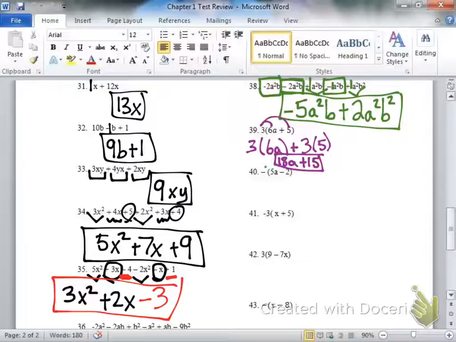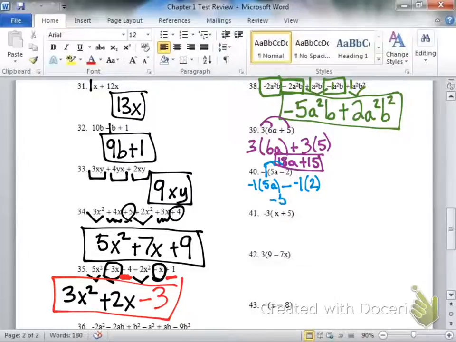Number 40, we have a negative out front, so it's like distributing a negative 1. So that's negative 1 times 5a minus, then you have a negative 1 times 2. Do you see how I just wrote the minus sign and then I left the 2 as a positive? That's the way I do it. Then I clean up the signs at the very end. So just write it as a minus and then think of the 2 as a positive and clean up your signs when you're done.